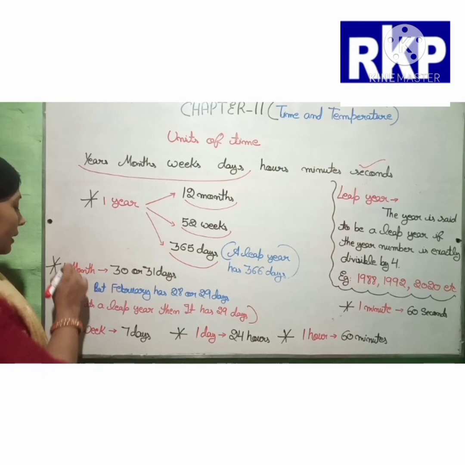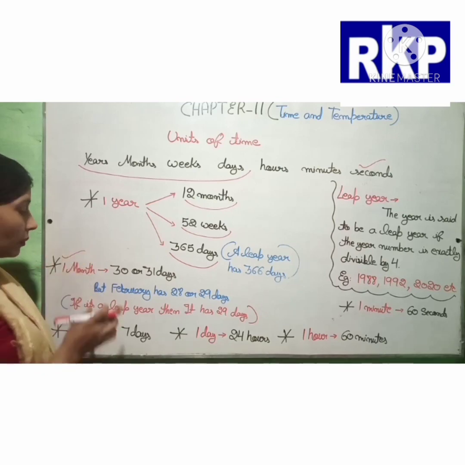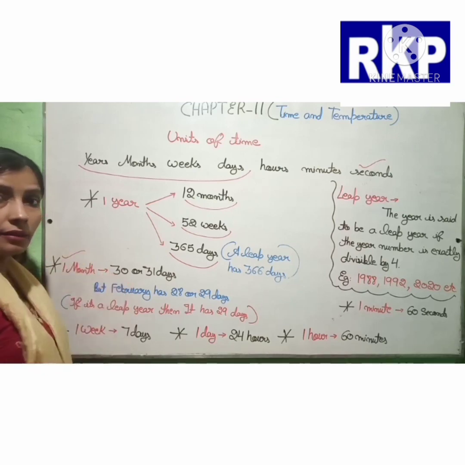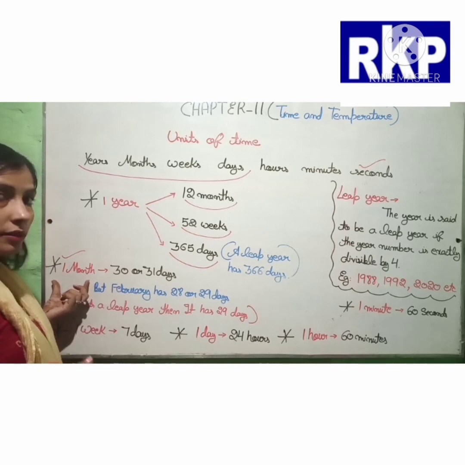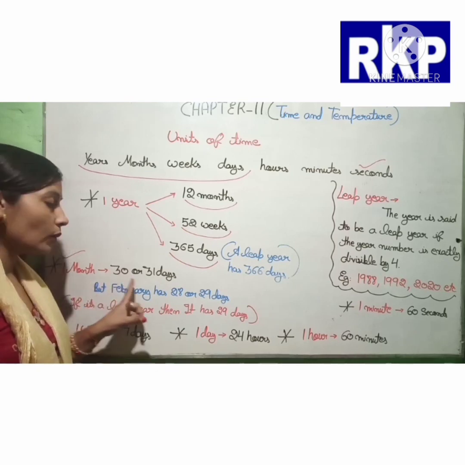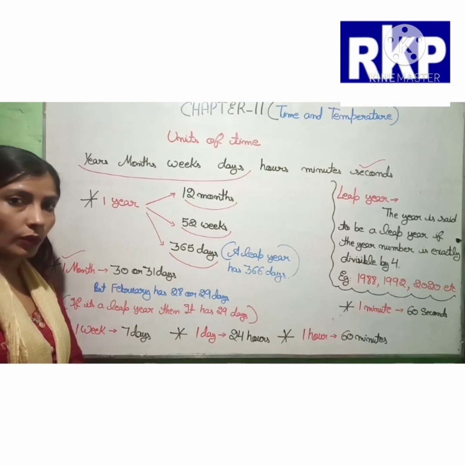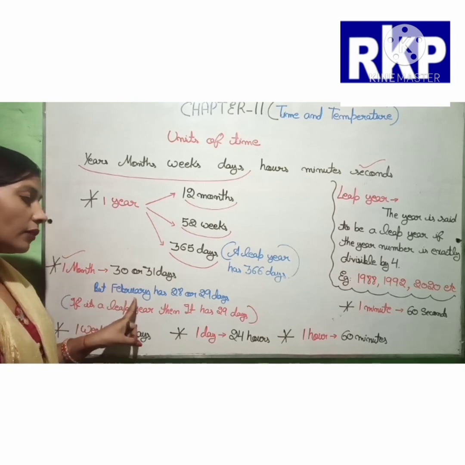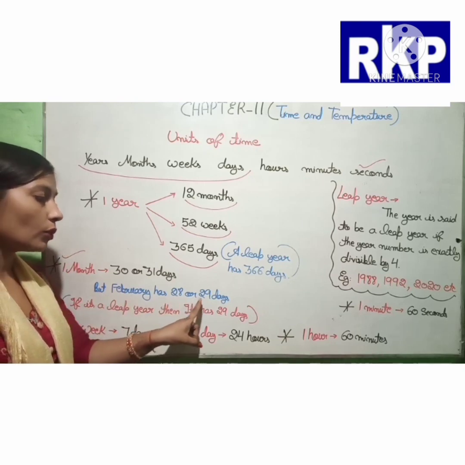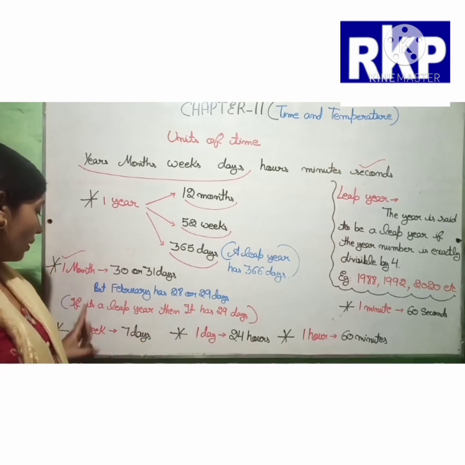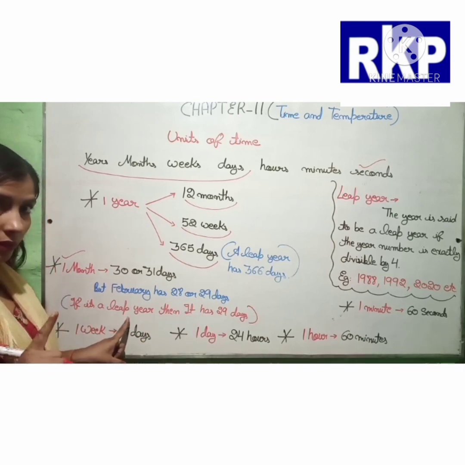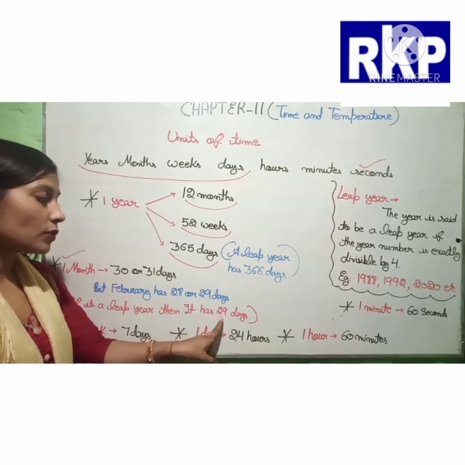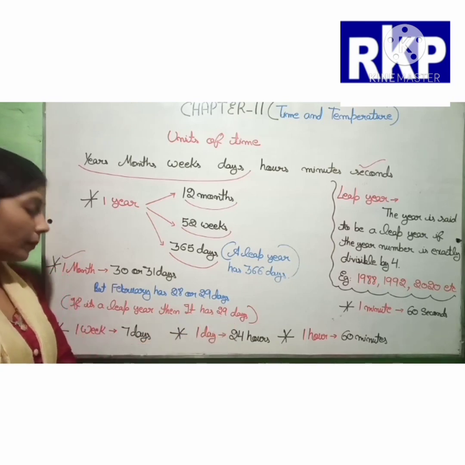Now let us see what is the relation between month and days. 1 month is equal to 30 or 31 days, okay. But February has 28 or 29 days. If it's a leap year, then it has 29 days. Okay.